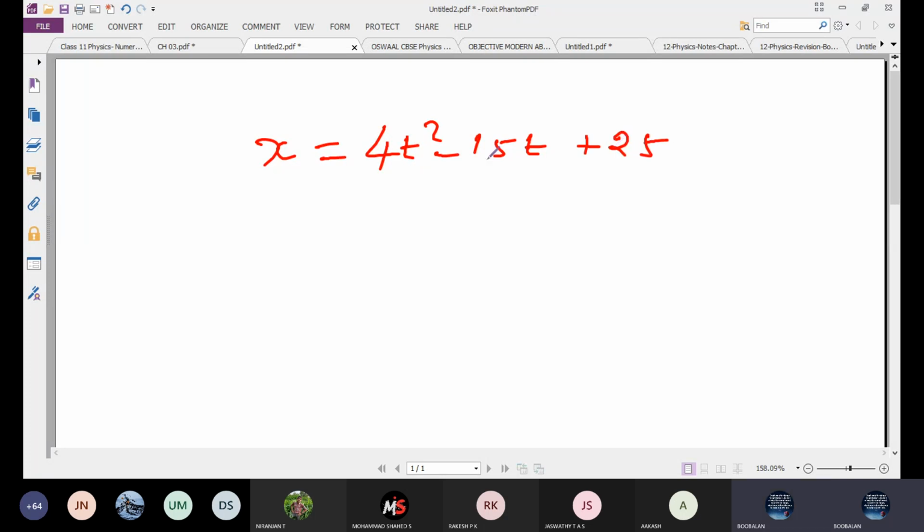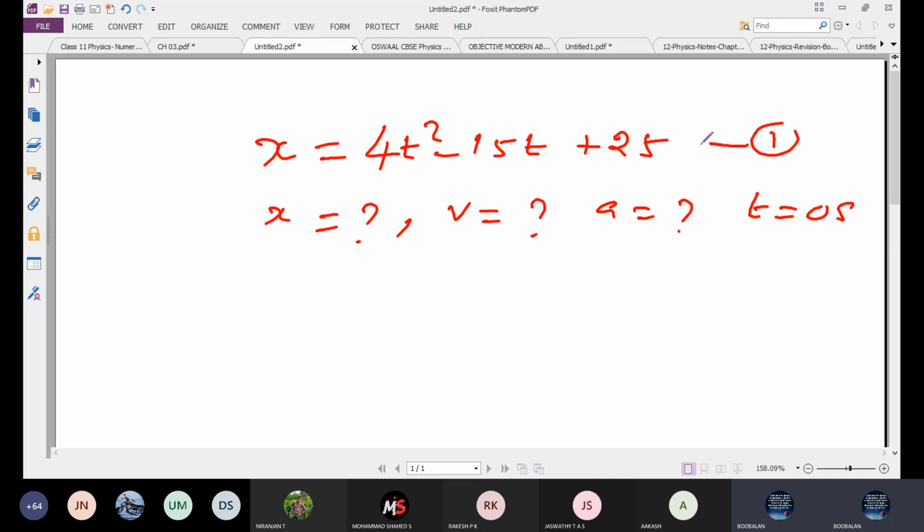So this is the question, x value 4t square minus 15t plus 25. Now the question: find the position. Position means that is the x value. Next velocity, next acceleration, from t value 0 seconds. Now just apply the value of 0 in this equation number 1.